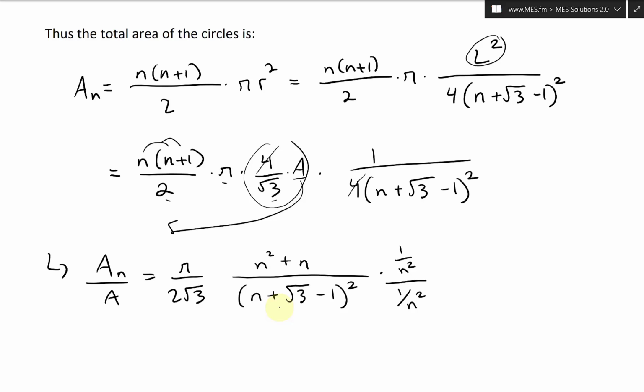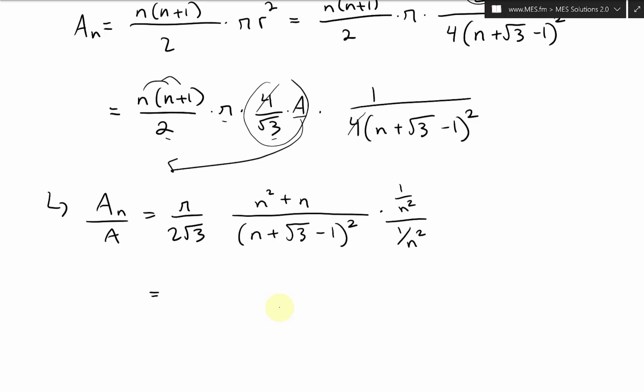So this equals pi over 2 square root 3 times, n squared divided by n cancels. So we'll have 1 plus 1 over n, and at the bottom it's going to be this 1, because when you divide this out, we'll just divide by n inside this square, plus square root 3 minus 1 over n, like that.